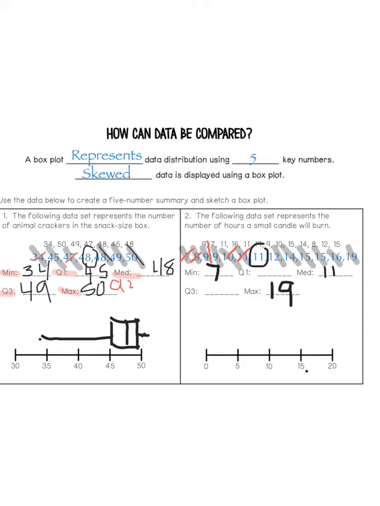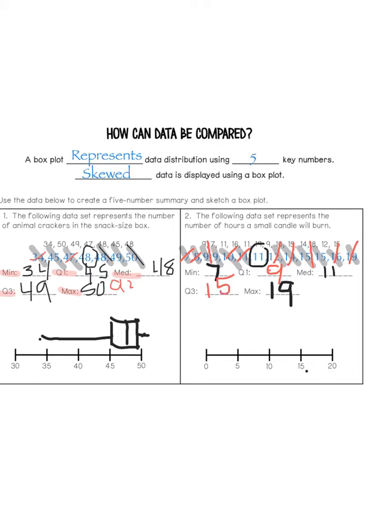But since they're both the same, if I did 9 plus 9, that's 18, and if I divide it by 2, it's going to bring me back to 9. So our quartile 1 is 9. And same thing with quartile 3. I'm left with 15 and 15, so that would be right in the middle, which would bring us back to 15.